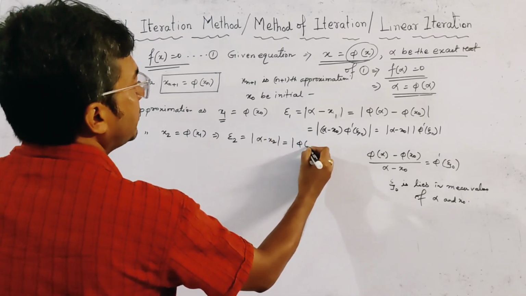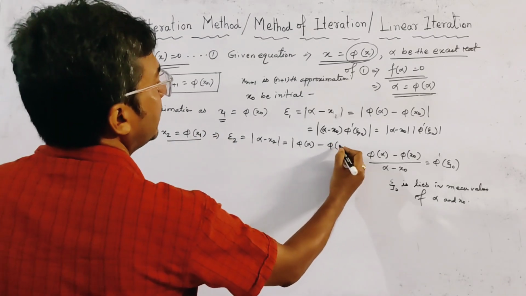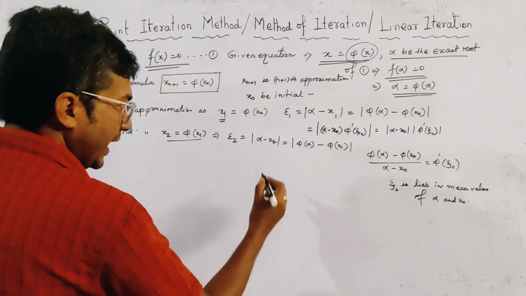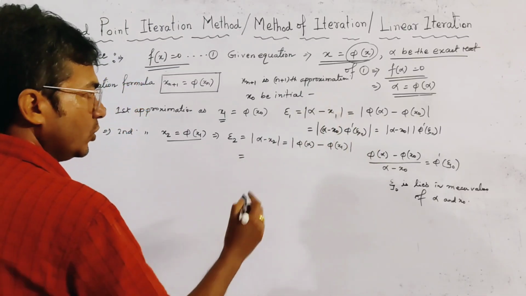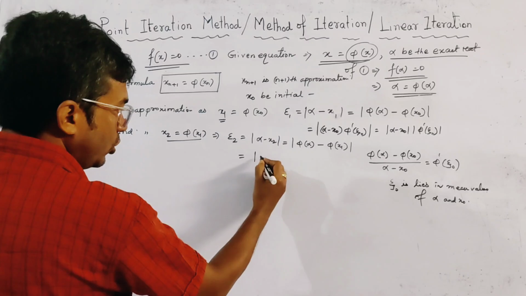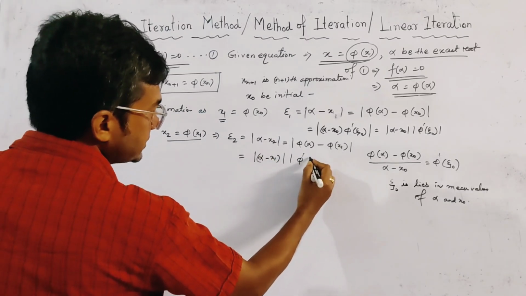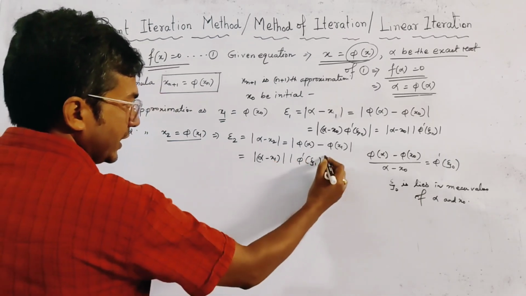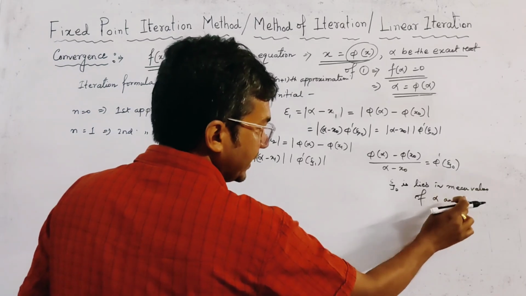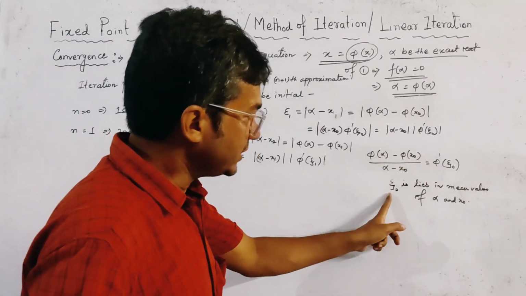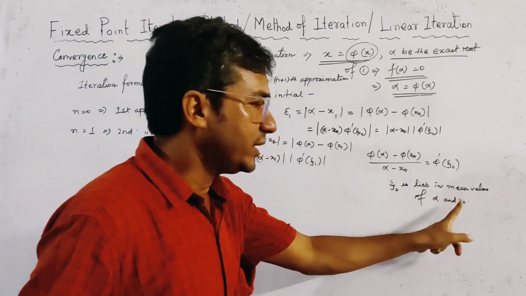The value of alpha is phi(alpha), and the value of x2 is phi(x1). In a similar manner, using the Lagrange mean value theorem as usual, we get the result as mod of alpha minus x1 into mod of phi dash xi1. Here xi0 lies between alpha and x0, and xi1 lies between alpha and x1.